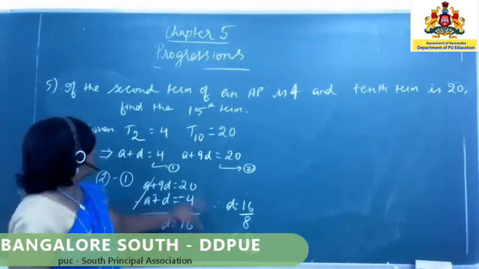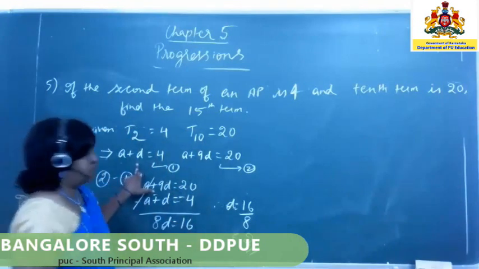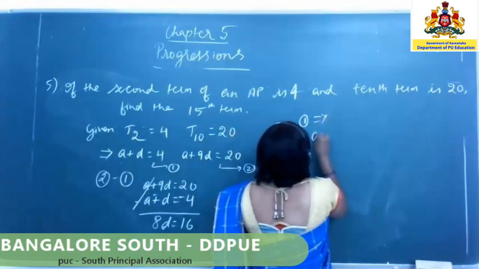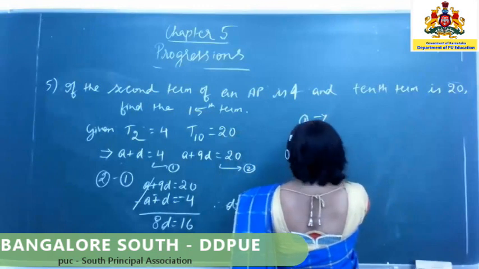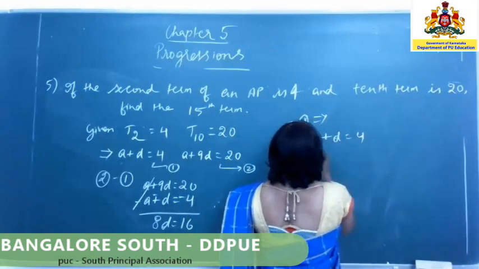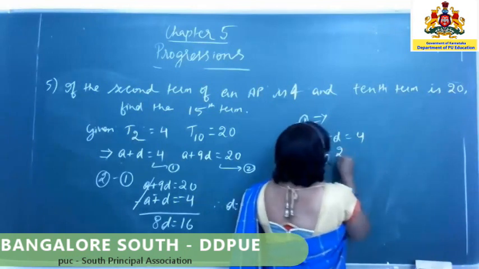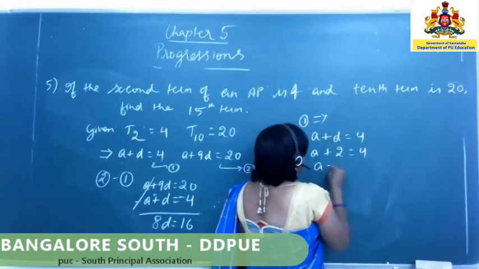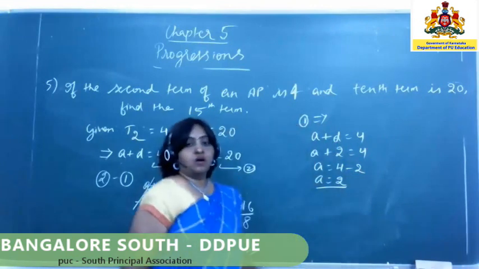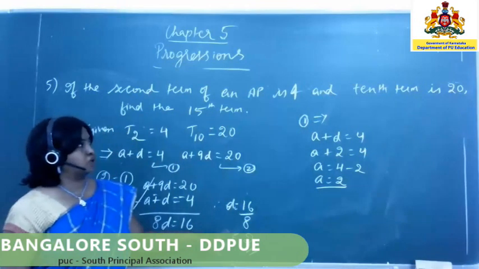Substitute D is equal to 2 in equation 1. So 1 implies A plus D is equal to 4, that is A plus 2 is equal to 4. A is equal to 4 minus 2. A is equal to 2. I got A is equal to 2 and D is equal to 2.